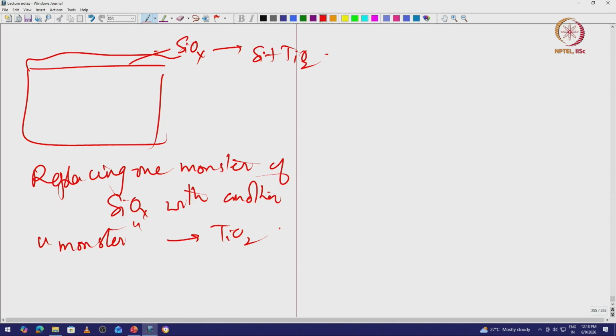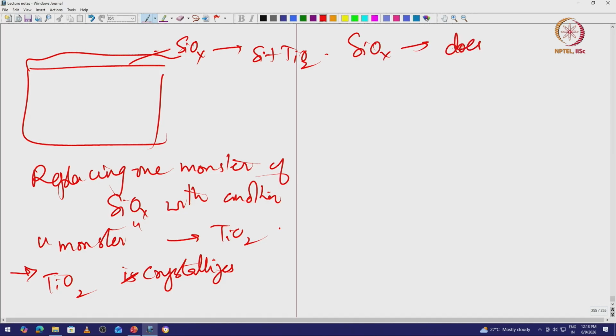Okay. Now, this works because titanium oxide crystallizes, right. Silicon oxide, to crystallize silicon oxide is very hard. Silicon oxide does not crystallize that easily.